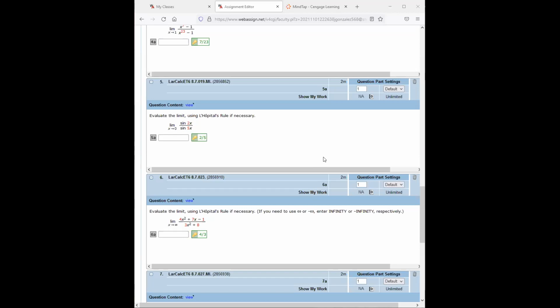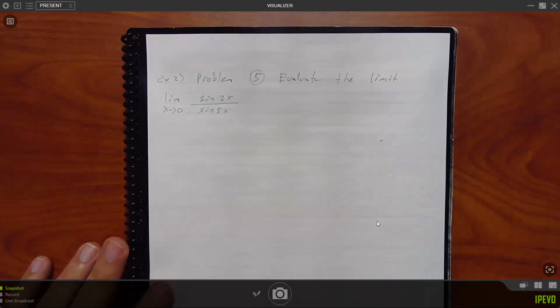Okay, evaluate the limit of sine 2x over sine 5x. All right.